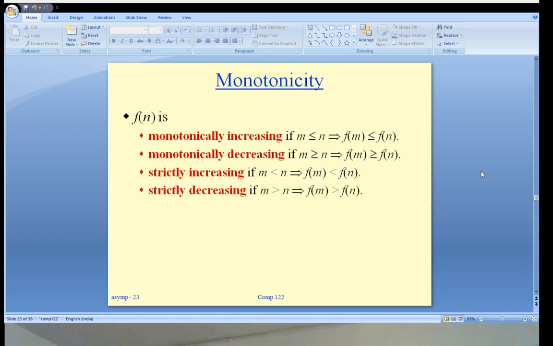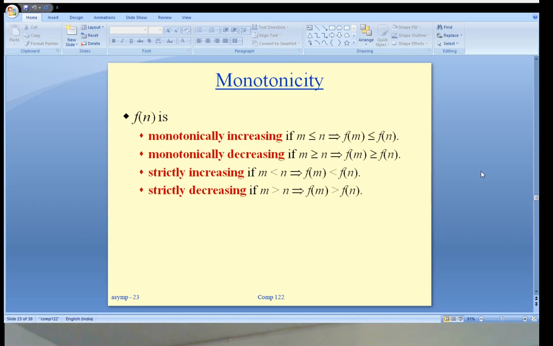Some common functions. These are very simple things. Just take a look at that.